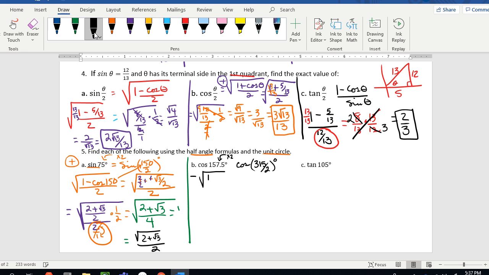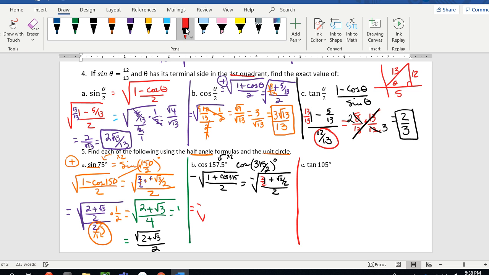Okay, 1 plus cosine of 315, which is a positive number, over 2. Cosine of 315 is that 45-degree angle in quadrant 4. So that's the square root of 2 over 2. Got to have a common denominator. Got it.